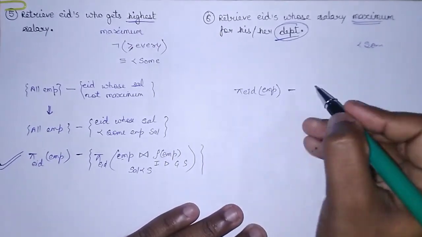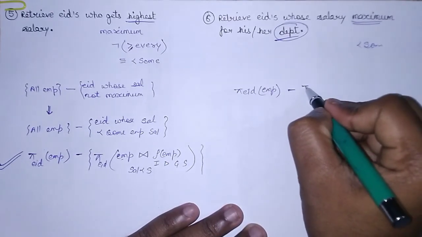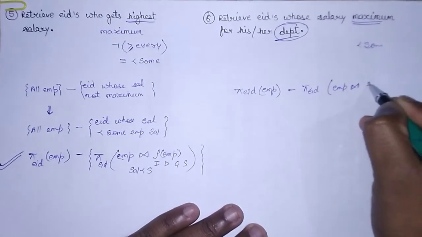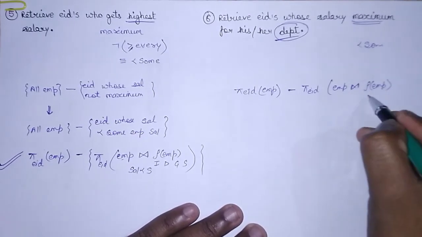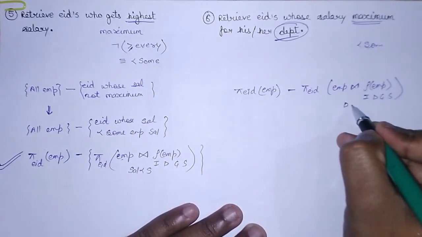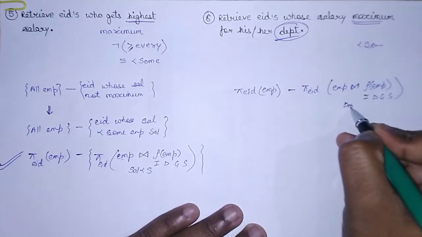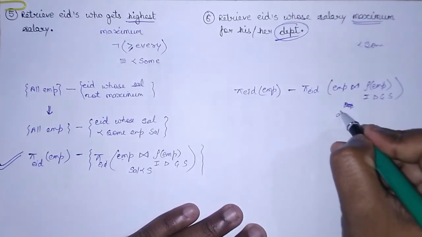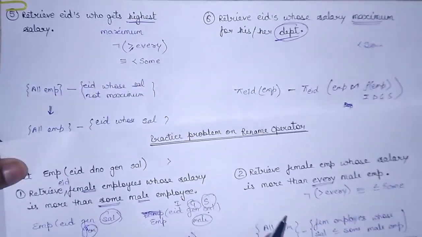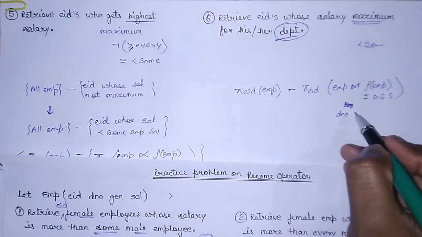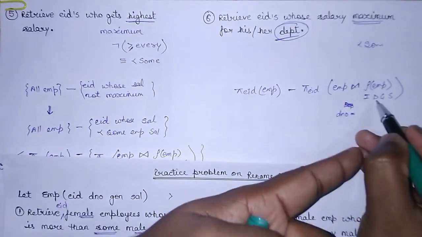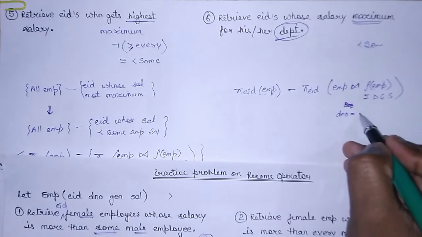Then we have to subtract from this the employee ID of this employee join employee, because the naming is IDGS. Here the condition will change, as it is D number, right? In the example I took the department as D number, so D number has to be the same as this D, because I am renaming it as D in the right hand side table.